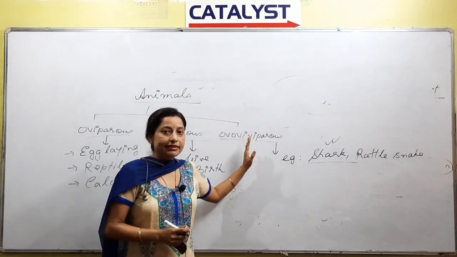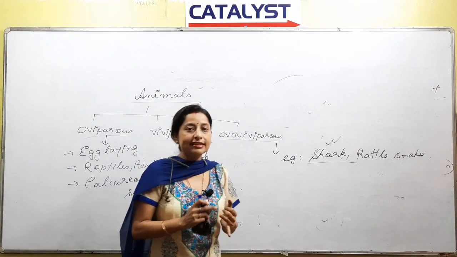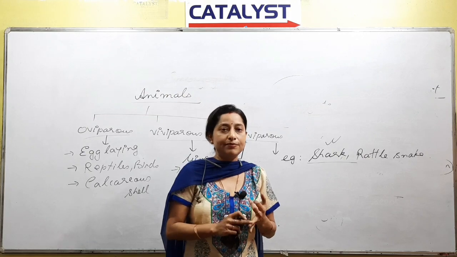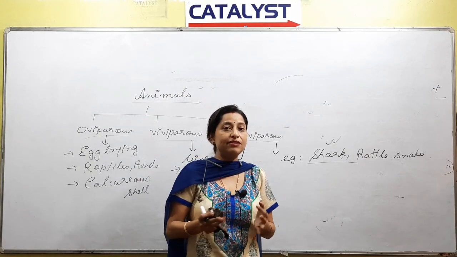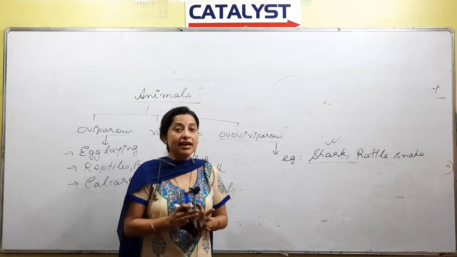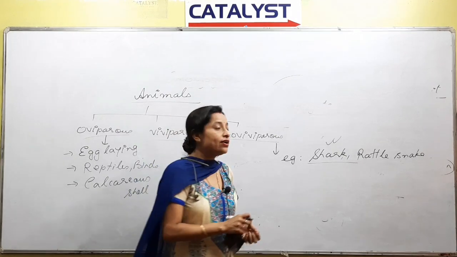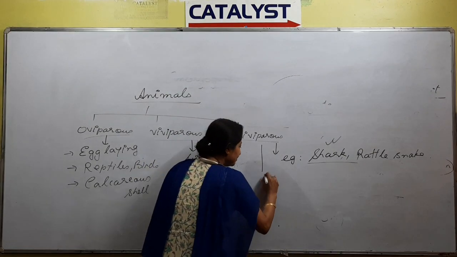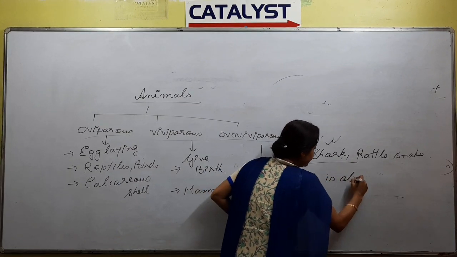The parent produces eggs. The eggs hatch inside the female body, and the embryo develops inside the female body itself. But it cannot give food to that embryo, because placenta is absent.